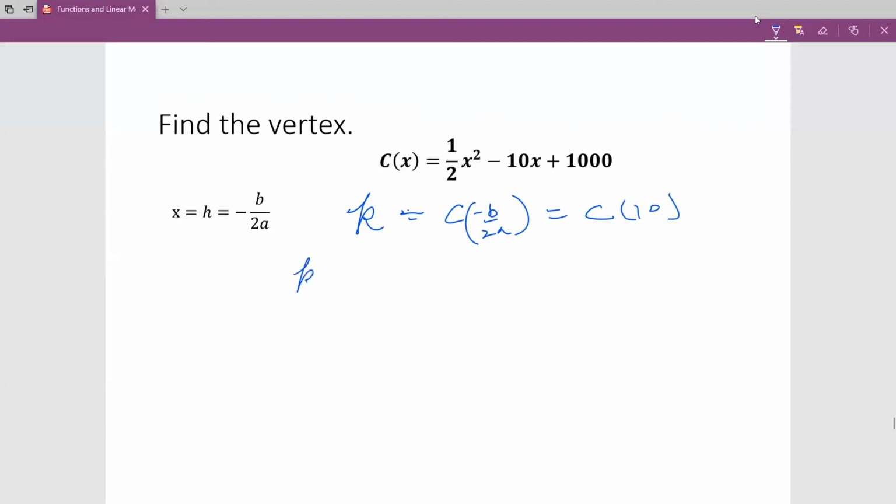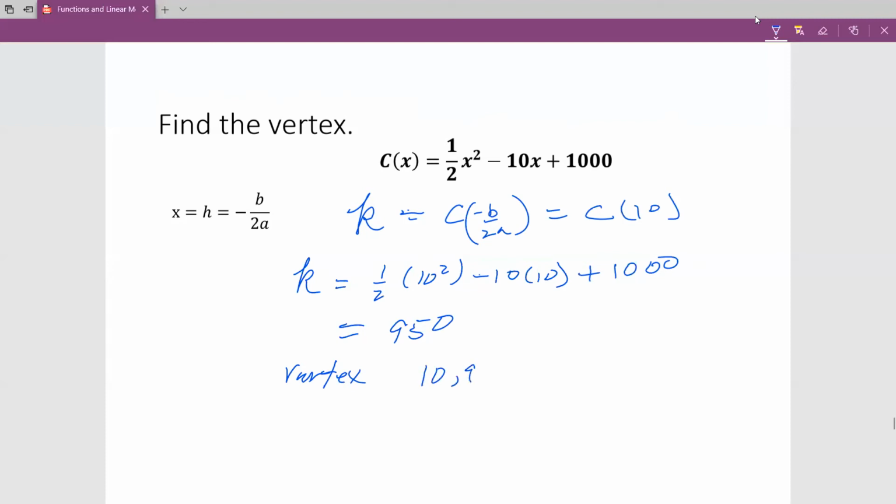So k is equal to 1/2 times 10 squared minus 10 times 10 plus 1,000, which equals 950. So the vertex is at 10 and 950.